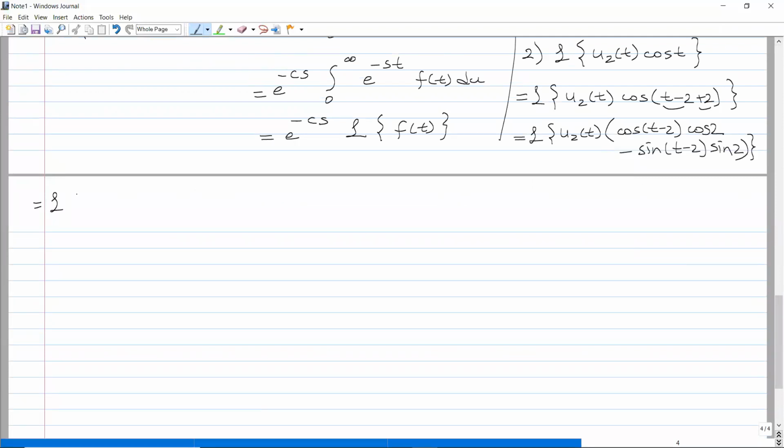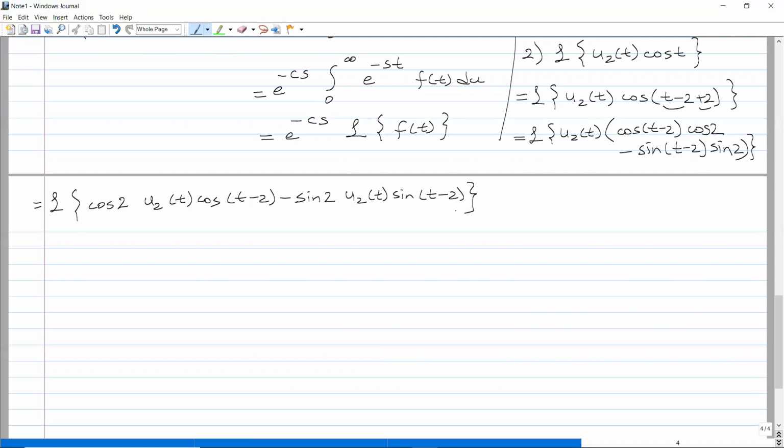So we distribute. Cosine 2 is just a constant: u2 of t cosine of t minus 2. Minus, sine 2 is also a constant, again I have u2 sine of t minus 2.